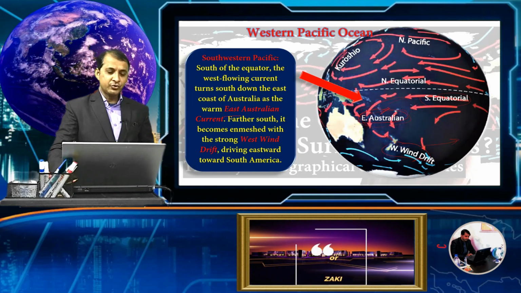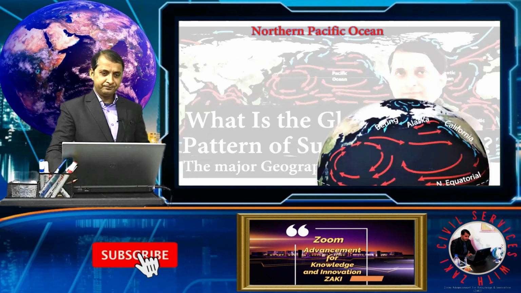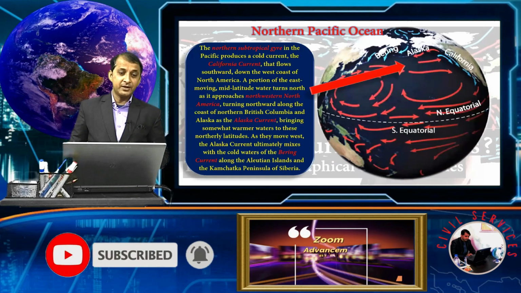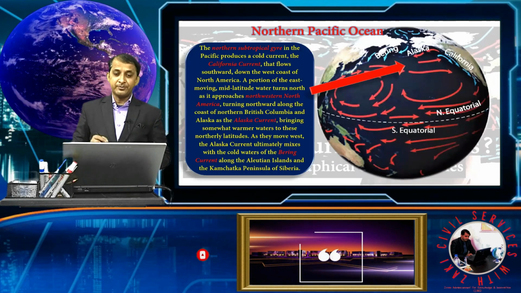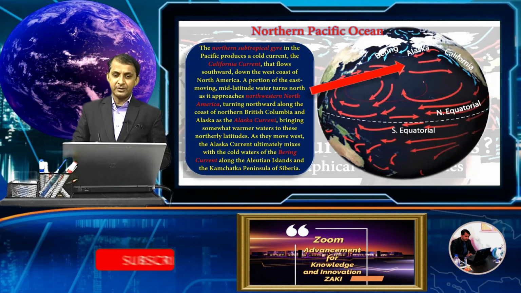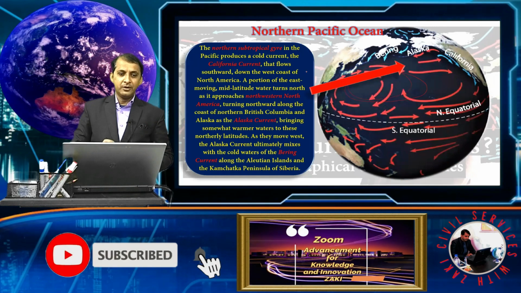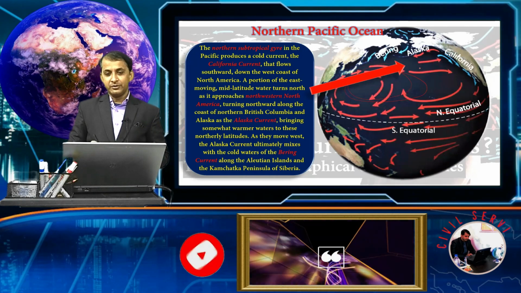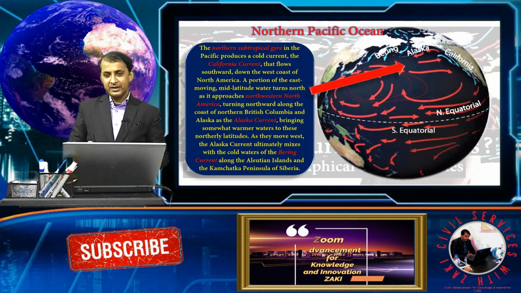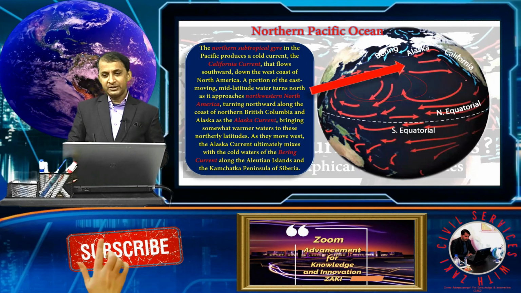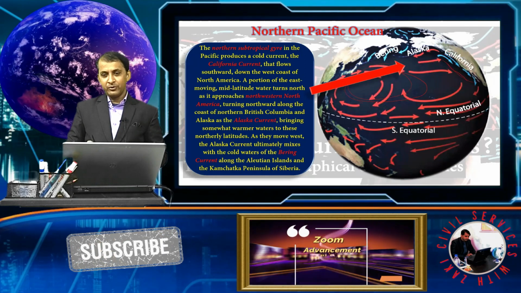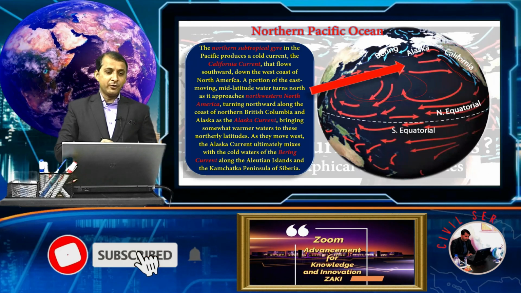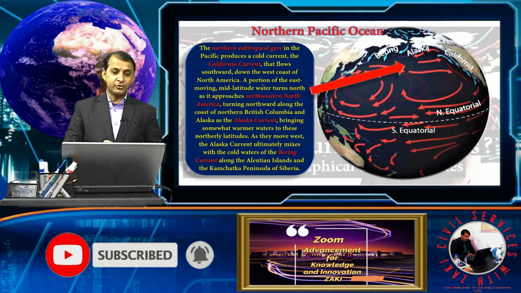Now, in the northern Pacific, the northern subtropical gyre, this giant gyre, also produces a cold current, the California current, that flows southwards down the coast of North America.